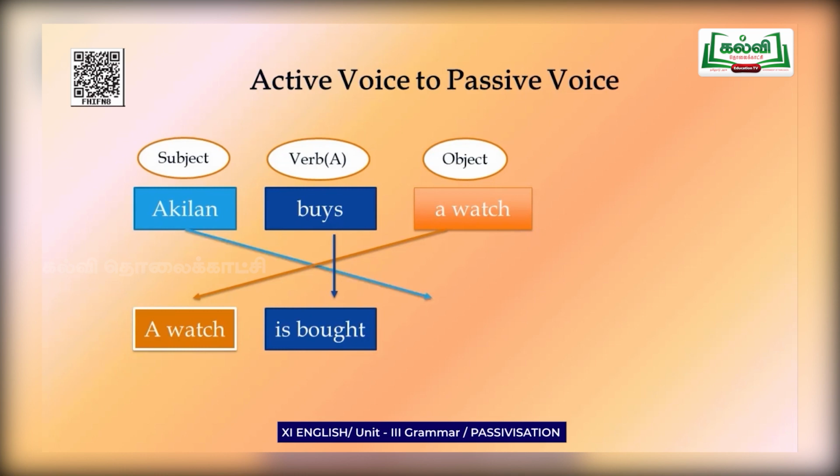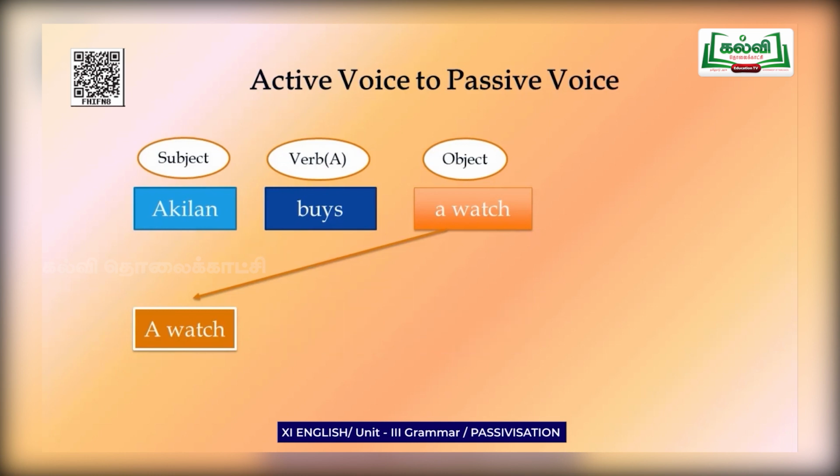The third step is to include the agent in the active voice at the end of the passive voice. It is introduced by "by." So Akhilan to by Akhilan. Let's watch again the steps followed to convert active voice to passive voice.